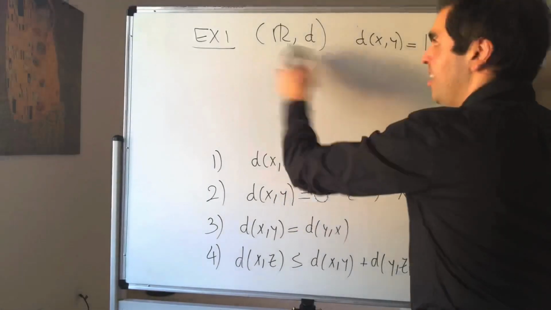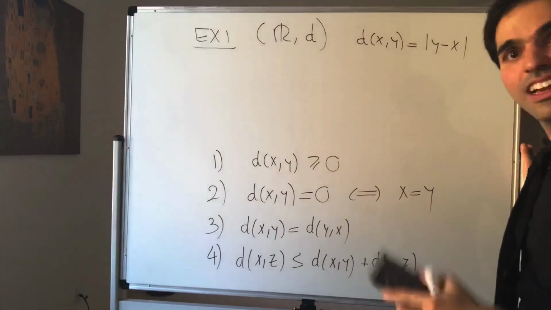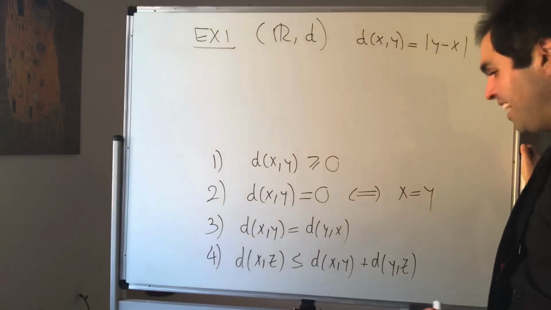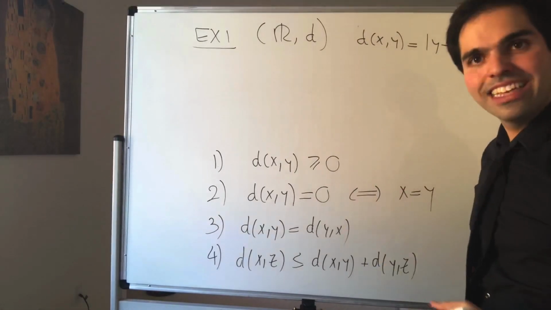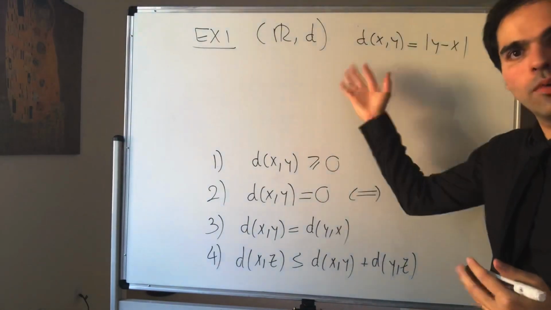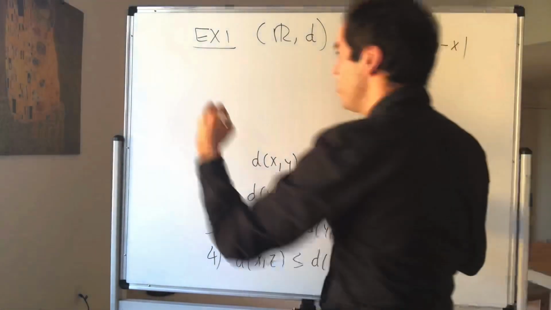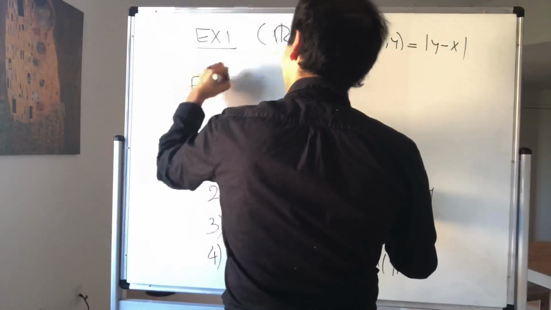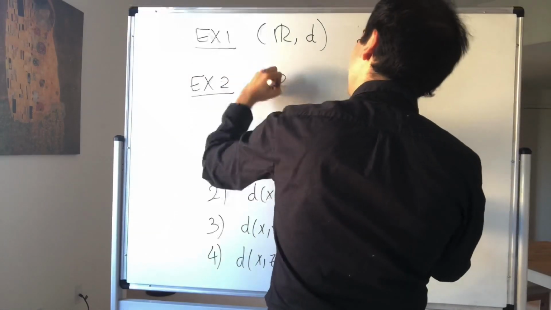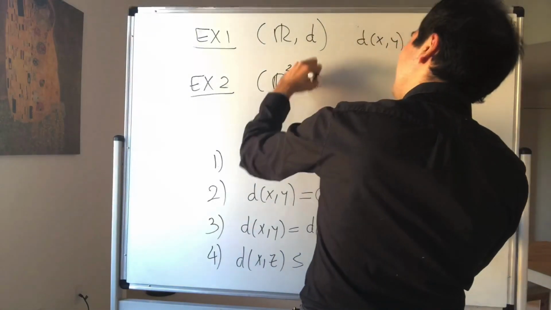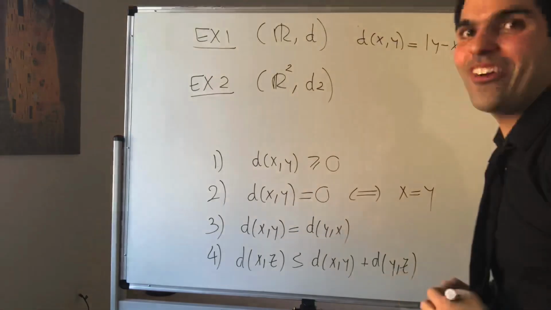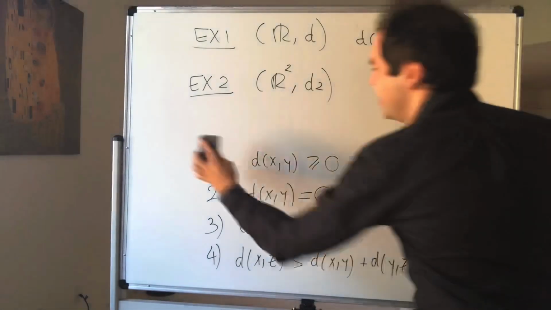And then, well, there are other metrics on spaces like that, but to get more interesting and more natural examples, let's go 1 dimension higher. So consider, and don't laugh, R2 with the metric D2.